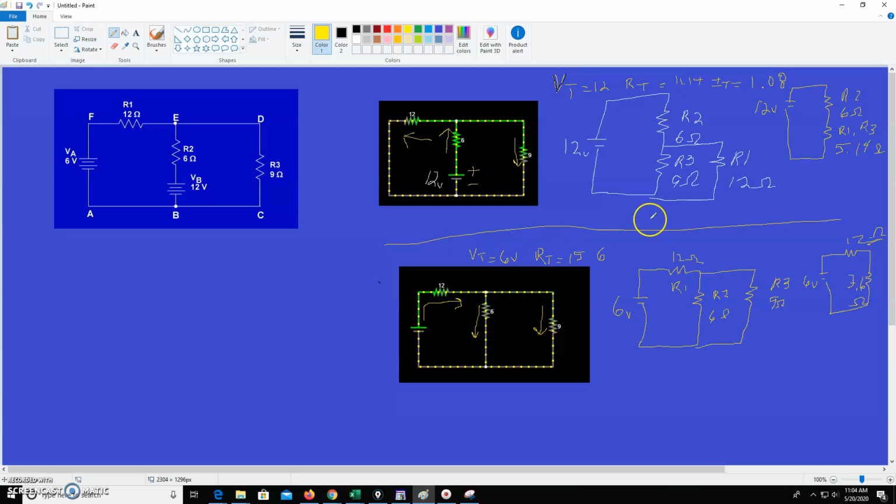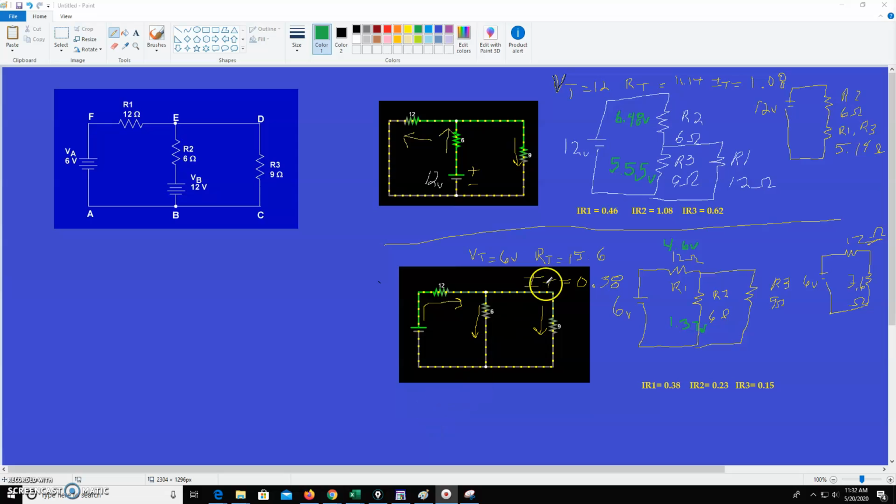So therefore IT is going to be pretty small, maybe less than 1. So let's have a look. 6 divided by 15.6 equals 0.38. Now you're going to find out why these arrows are so important.